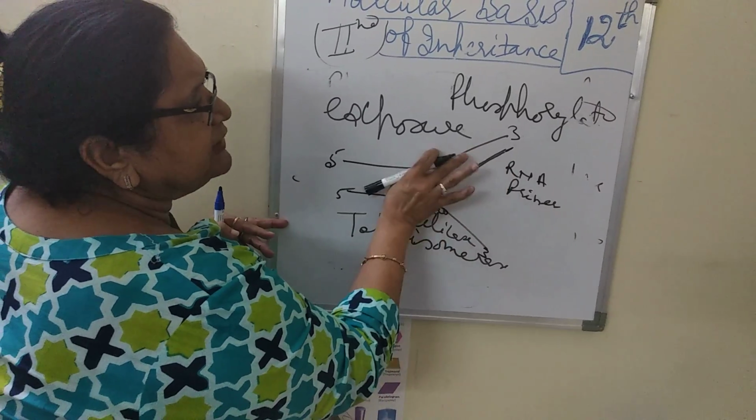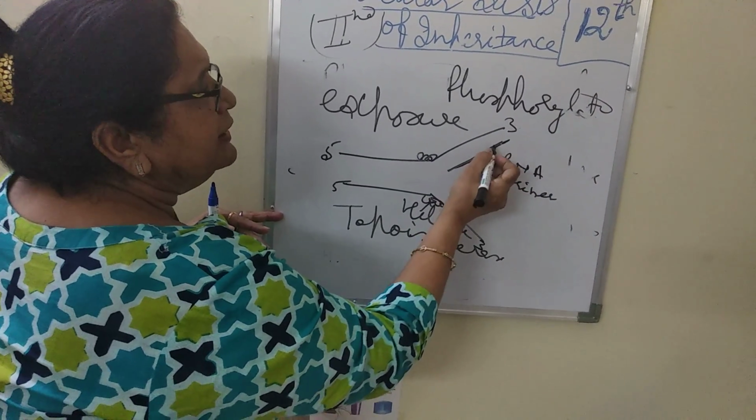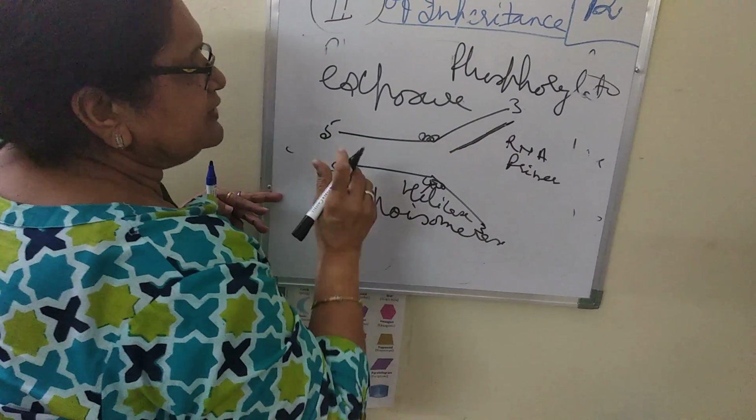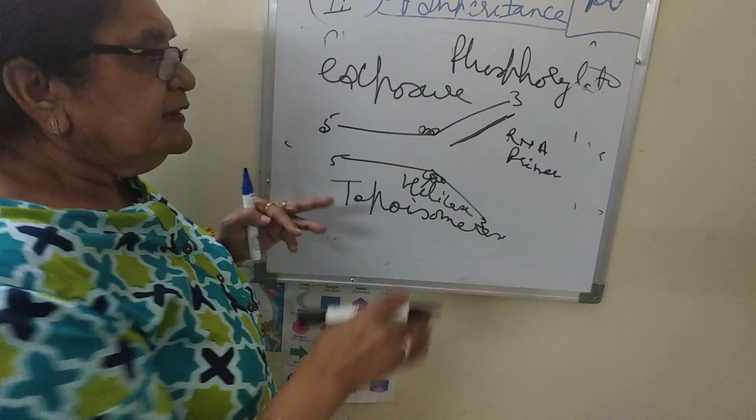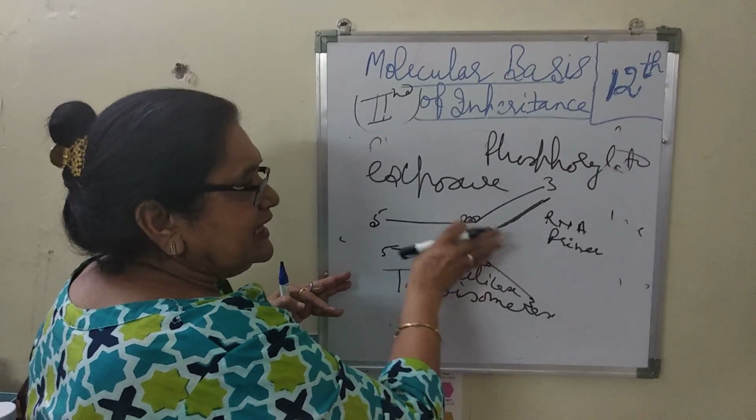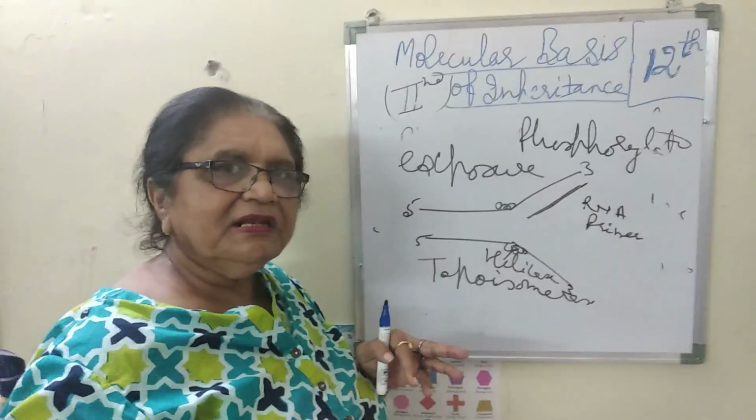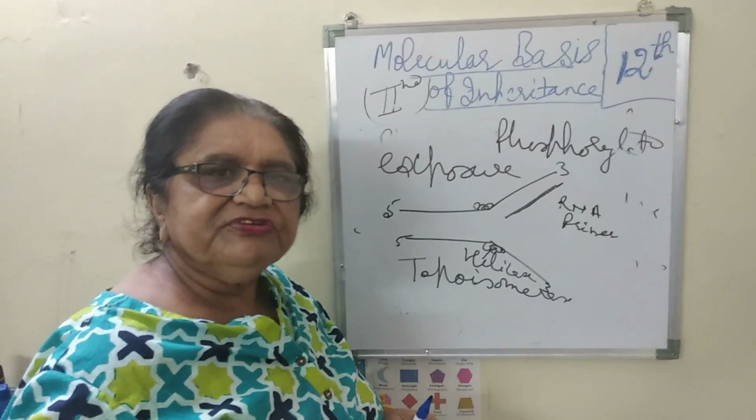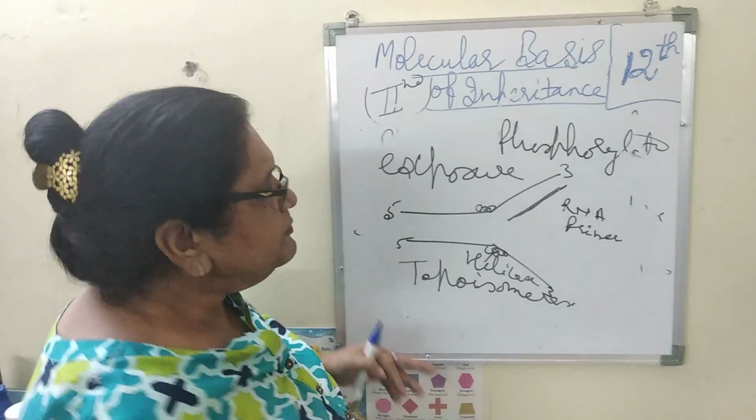After that exposure, the RNA primer continues. First comes exposure of the parental strand, then the formation of the RNA primer, which acts as a starting point.